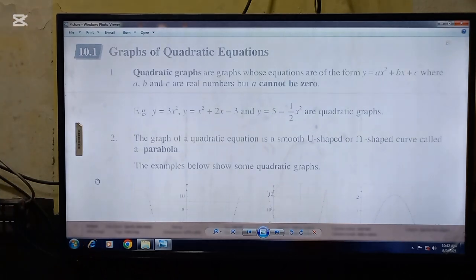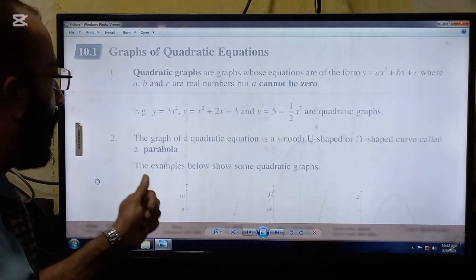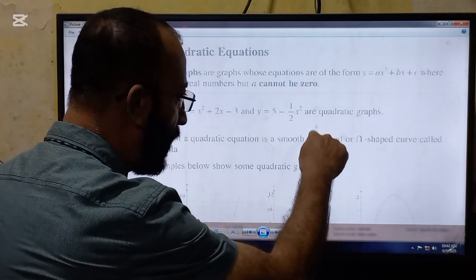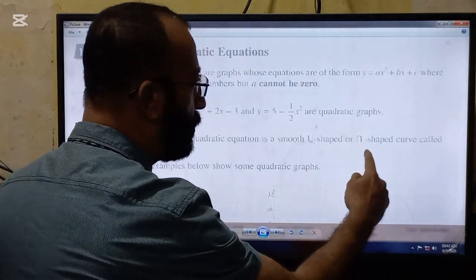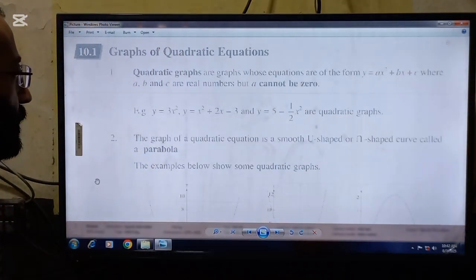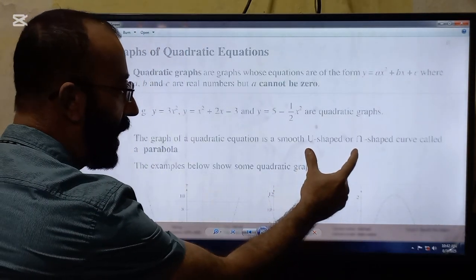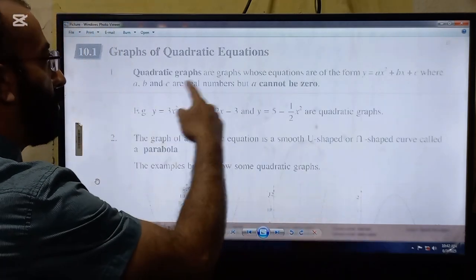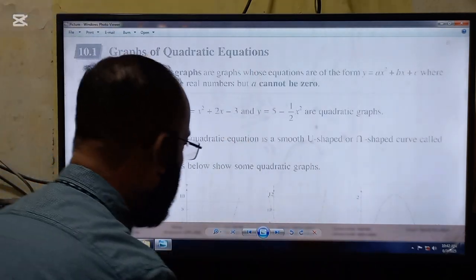The second point to remember is the graph of the quadratic equation is a smooth U-shaped or the reverse of the U-shaped curve called a parabola. So these are the two forms of the shapes of the graphs of the quadratic equations.